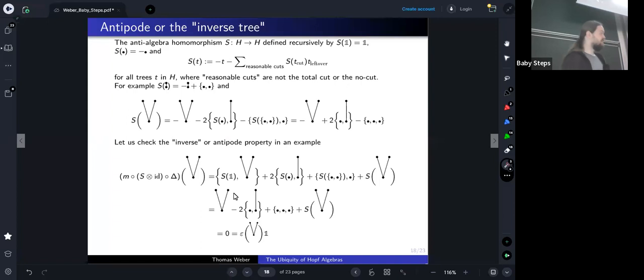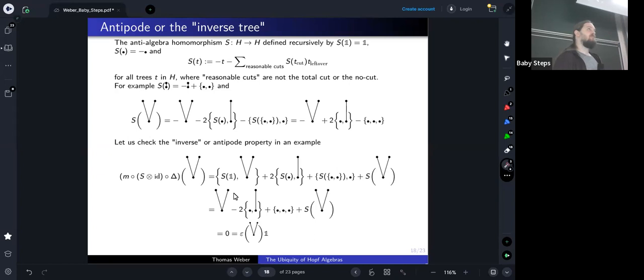Sorry, you said that this S is defined recursively, so you have some grading on this set of rooted trees? Yes, so here I'm kind of vague. I hope it's intuitive how to have growing trees that are getting more and more complicated, and you define this on more and more complicated trees.